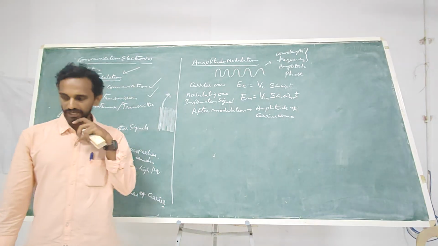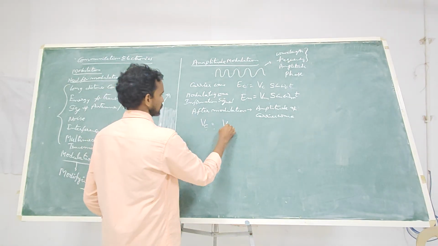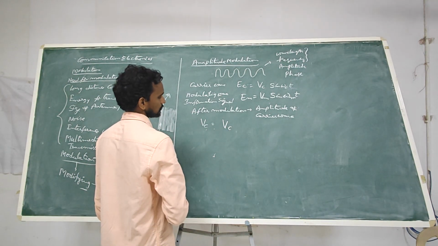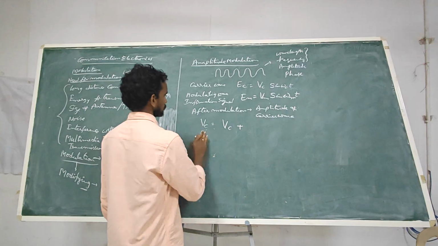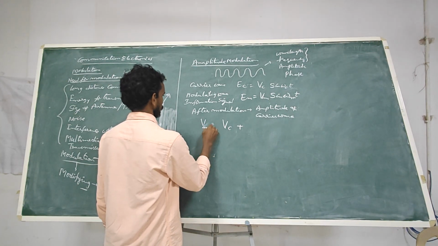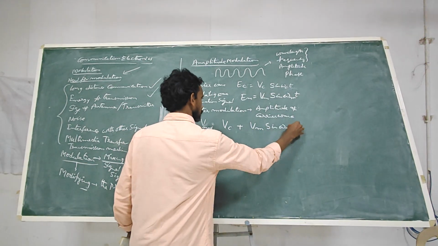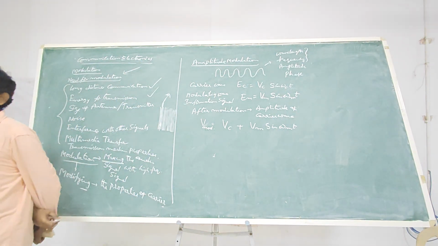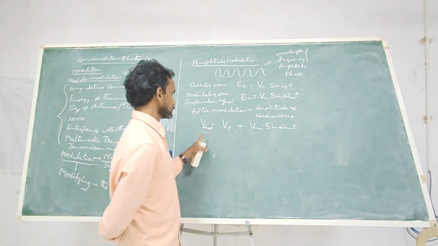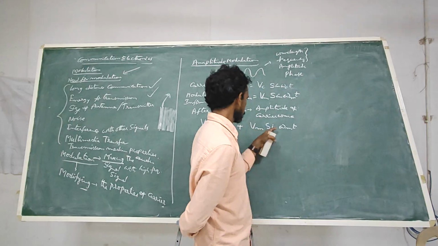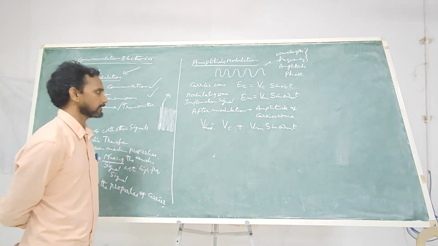So after modulation, the amplitude of the carrier wave is given by, so I have to define that Vc is equal to the modulated wave amplitude, which is the original amplitude plus the entire modulating signal Vm sin omega m t.